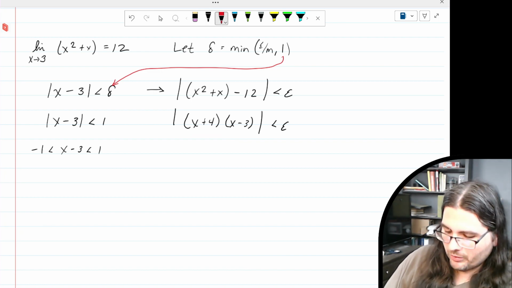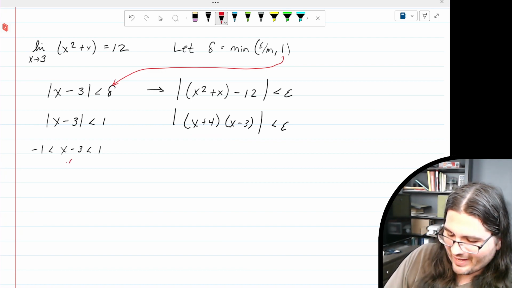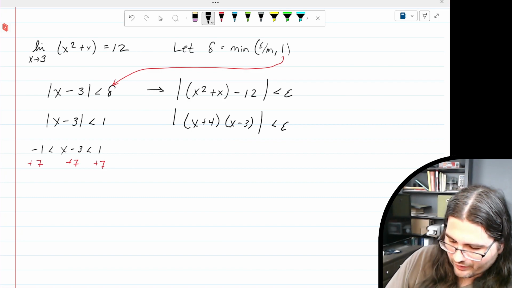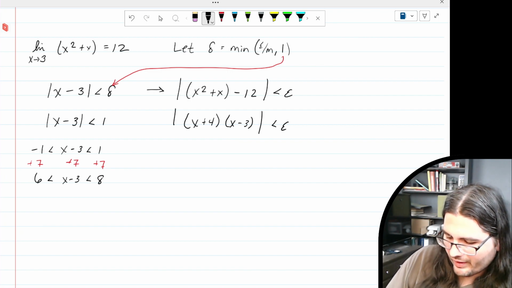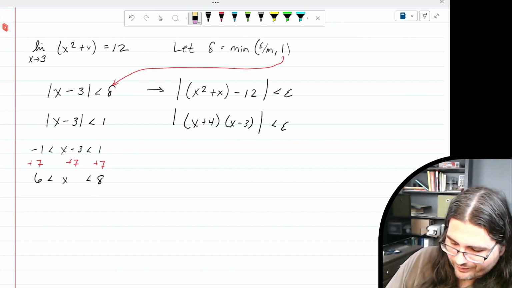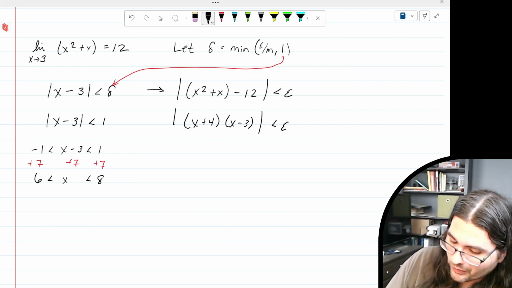This is going to seem a little bit weird, but if I add 7 to every part of this inequality, why 7? Here's why 7. So negative 1 plus 7 is 6, x minus 3 plus 7 is x plus 4, less than negative 3 plus 7, which is 4.